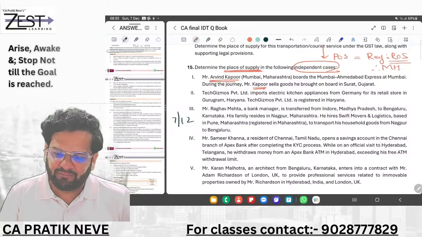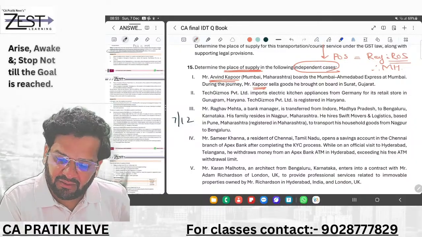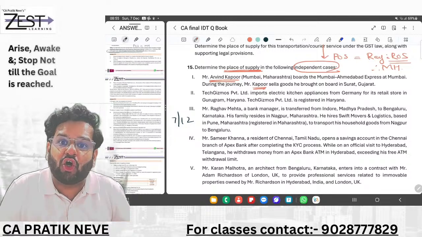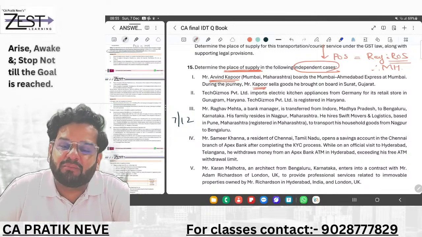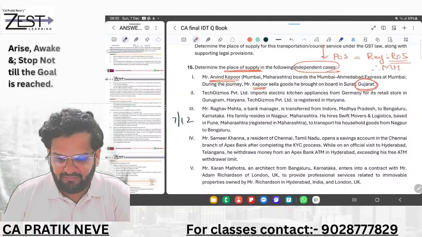So basically in such a case, if I talk about the sale of goods on board, then the place of supply is where the goods are taken on board, so it will be Gujarat.